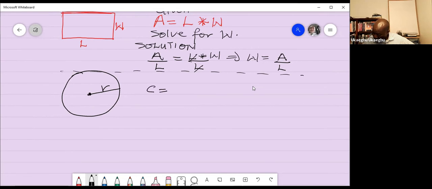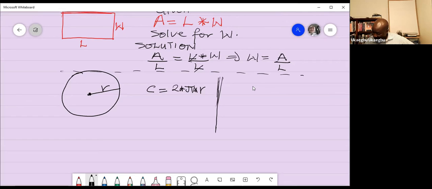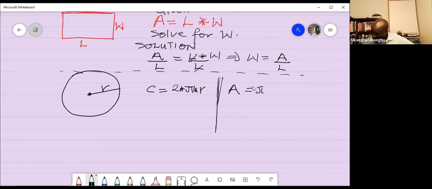C equal to 2 times pi times radius. Then how about the area of a circle? Area is pi r squared. So these are the two things you're given.